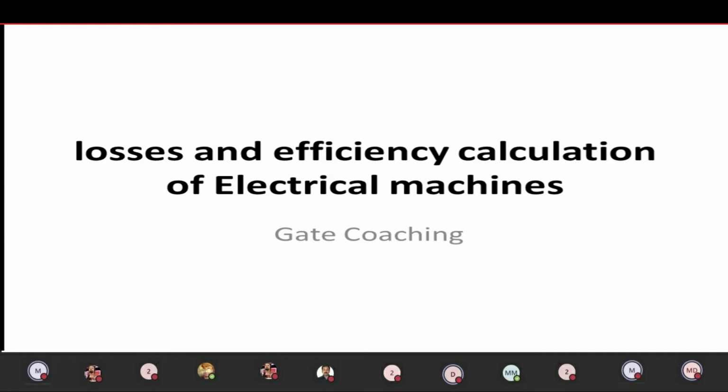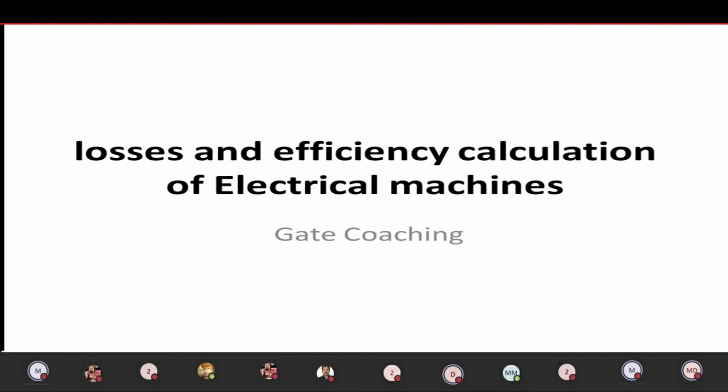Hysteresis losses are reduced by making the machine using silicon steel, which is also called a soft iron material. But in this case, we are just reducing the losses only. We cannot remove the losses.